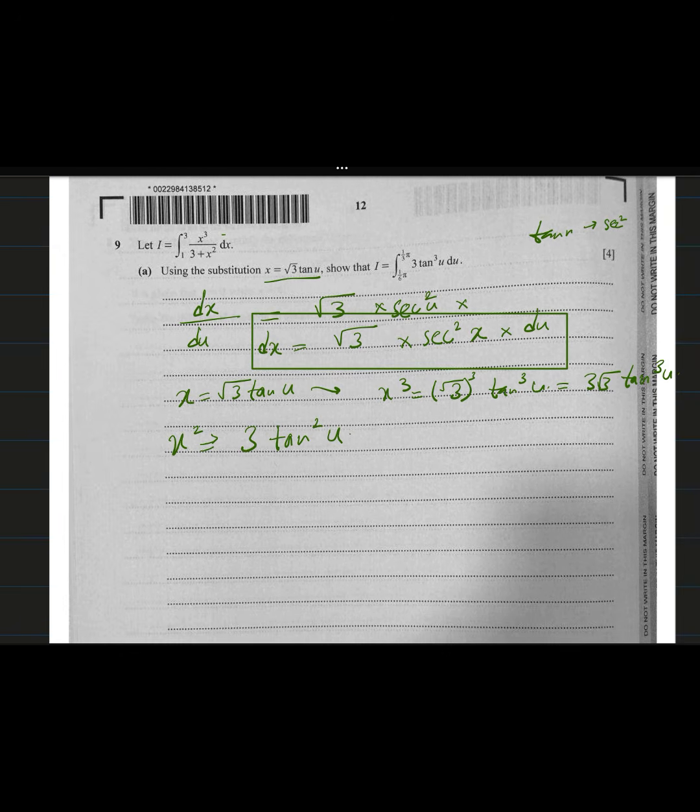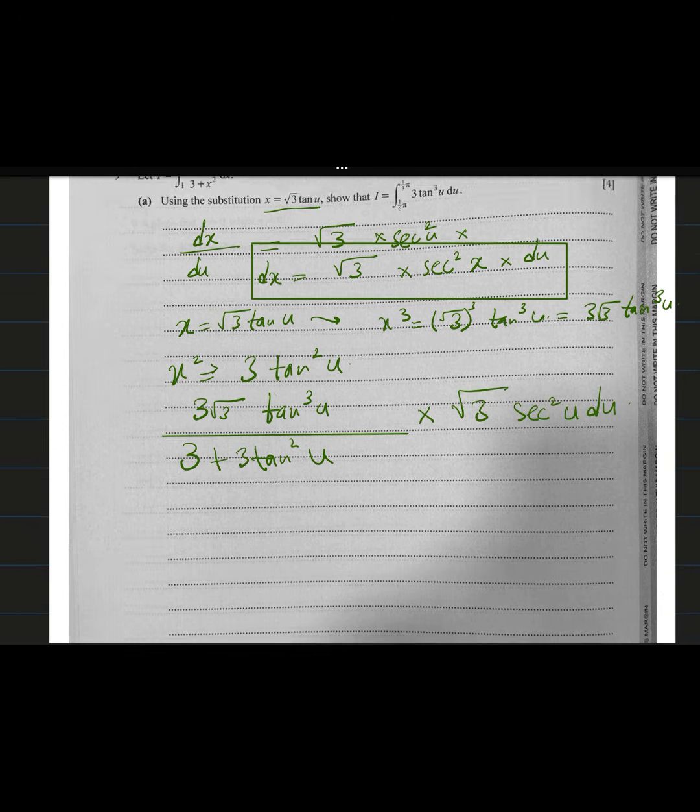So then we can write the entire thing again as 3 root 3 tan cube u divided by 3 plus x square, which is 3 tan square u, and multiplied by root 3 secant square u du.